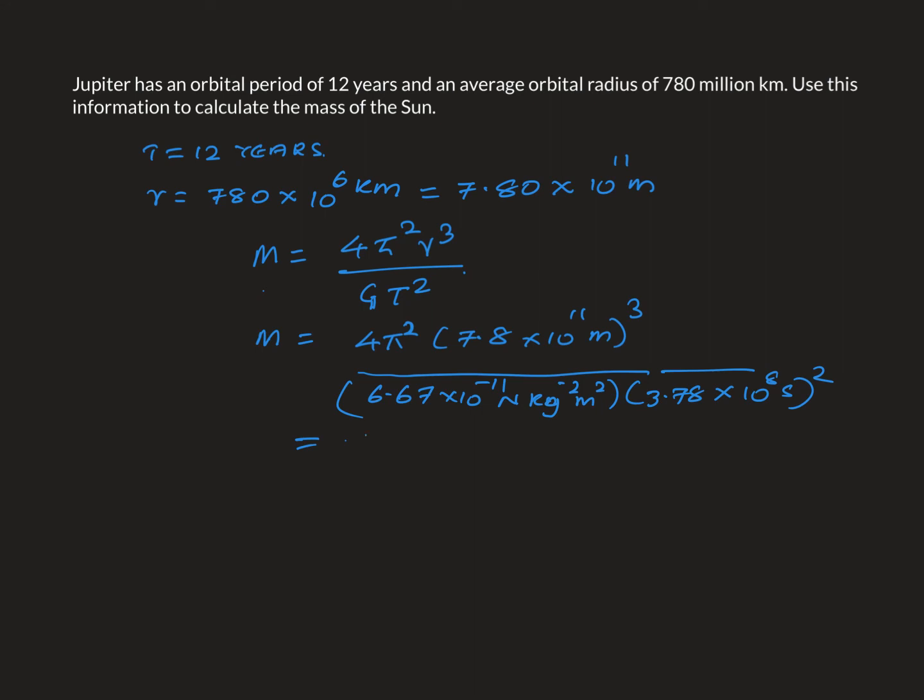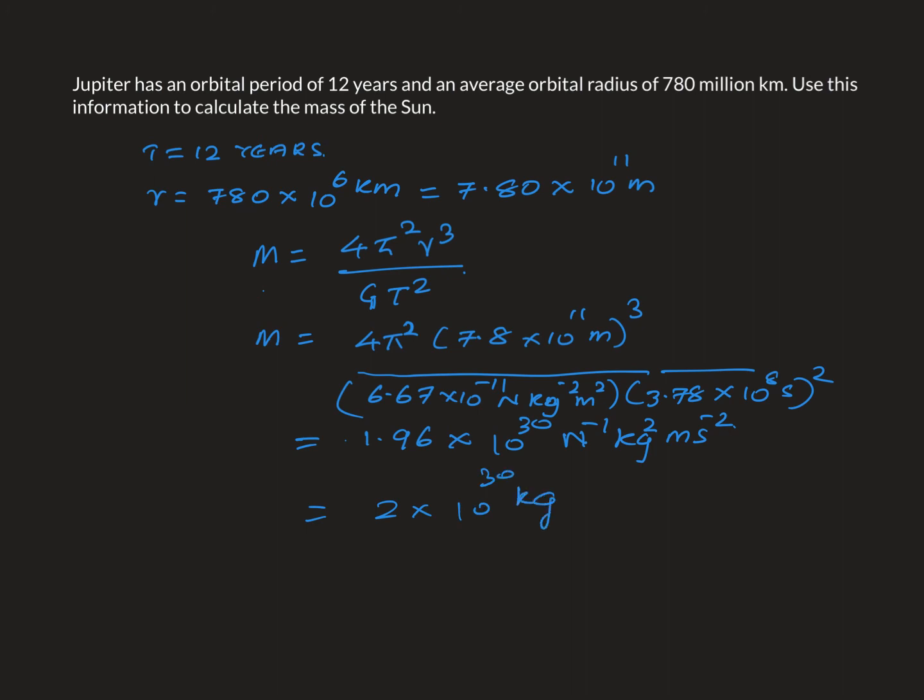The answer we get is 1.96 times 10 to the power 30 N^-1 kg^2 m^-2, which is approximately equal to 2 times 10 to the power 30 kilograms.